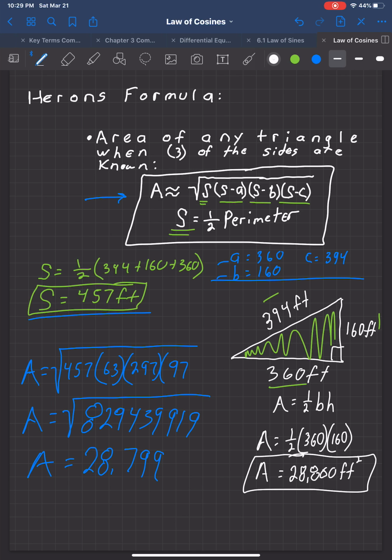So 28,800 square feet compared to 28,799 square feet. All right, so pretty darn good approximation. Now, your professor's not looking so good for that little math error, but that doesn't matter.